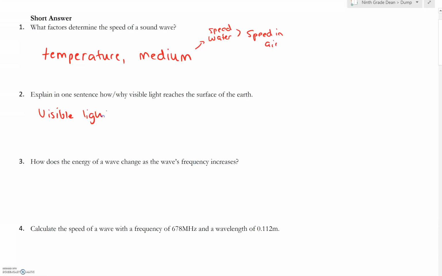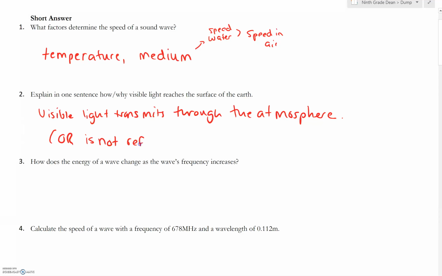Or it is not reflected or absorbed, because the only other option was transmitted. I really wanted you to be able to use those words that I told you to get comfortable with: transmit, reflect, and absorb. Especially now that we're in our color unit, these terms are not going away.